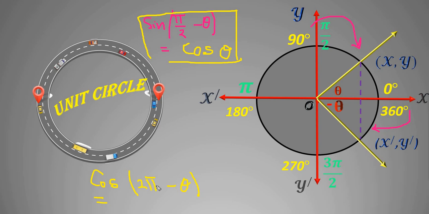Therefore, cosine of 2 pi minus theta equals cosine theta. Cosine theta in the numerator over cosine theta gives 1. Therefore, the answer is 1.